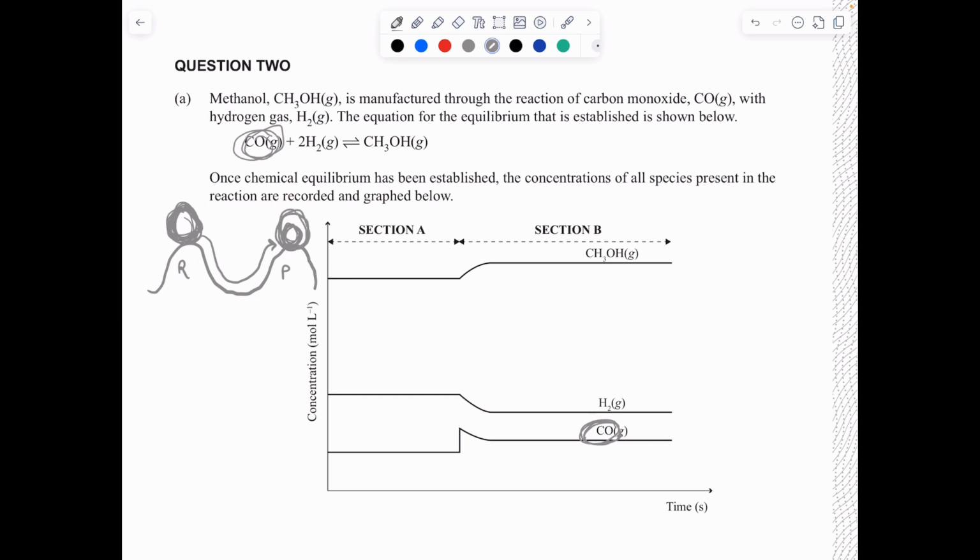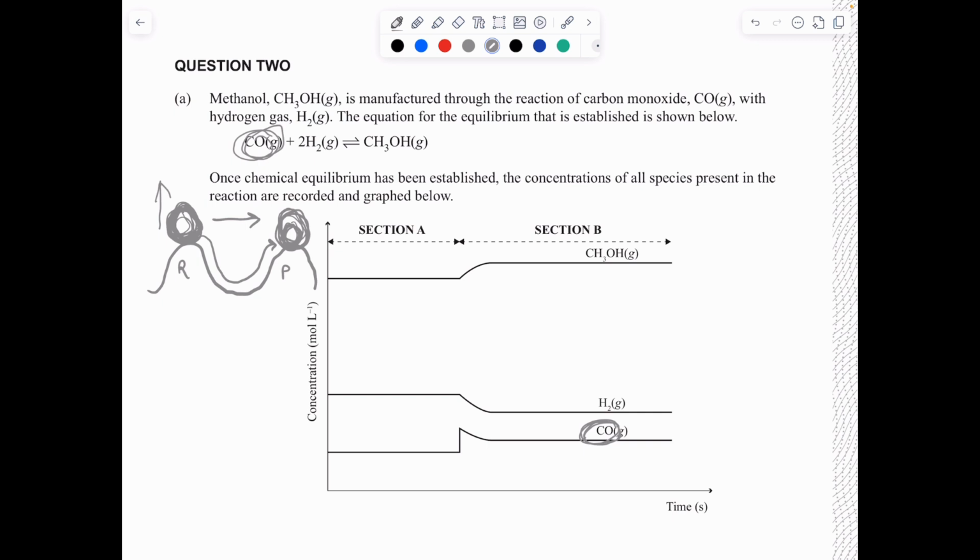So, for the reactants which have increased, equilibrium states that by increasing the reactants, the equilibrium will shift to the right to use up the added reactants and increase the products, okay?